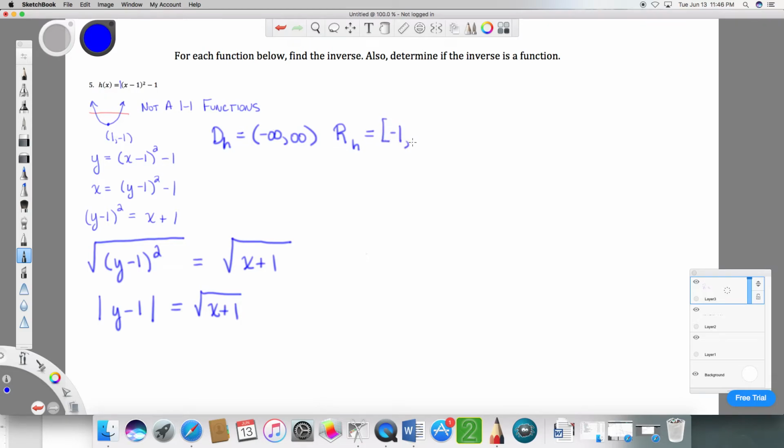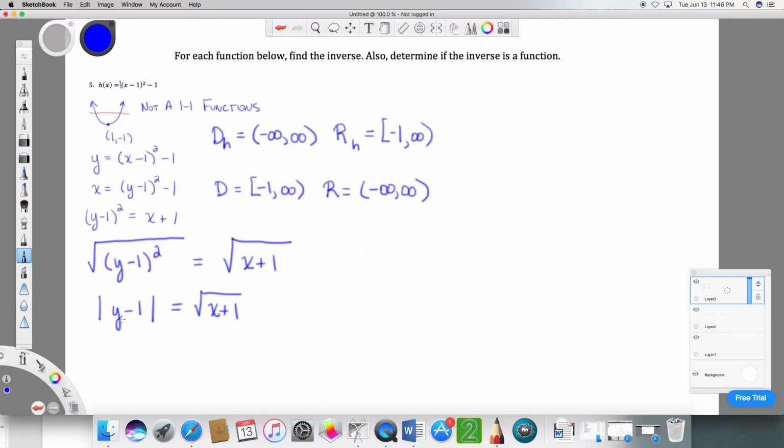There was no point on the parabola that was below this vertex. When we switched x and y, we did that for the entire sets, and we switched the domain and range. So that meant the domain of this became -1 to positive infinity, and the range became all real numbers.